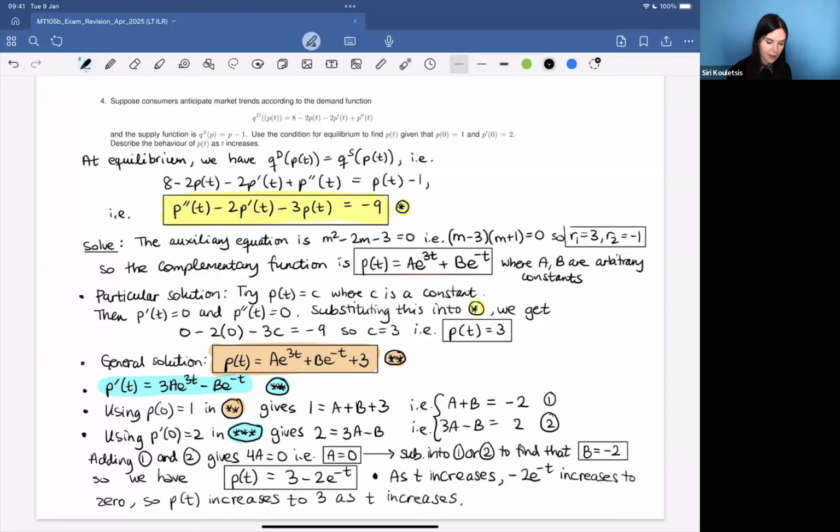Another way to see it is that this 2 times e to the minus t, which is the same as 2 divided by e to the t, gets smaller and smaller, since the denominator grows as t increases in value. So we are deducting something from 3 that gets smaller and smaller, and so the value creeps up towards 3 as t increases. That's another way to see it.